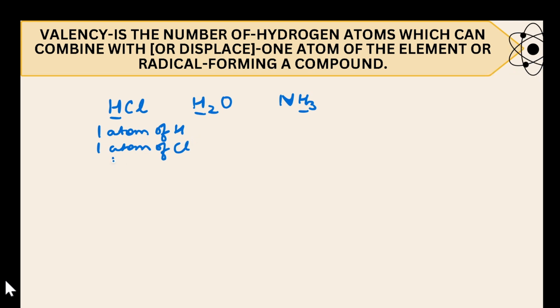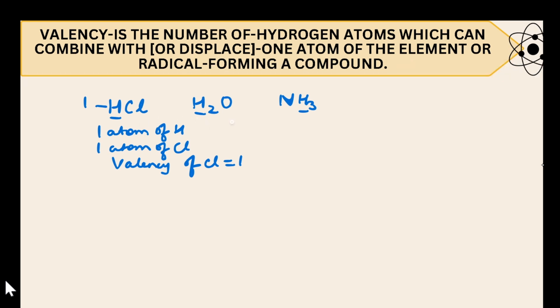So the valency of chlorine with respect to the number of hydrogen atoms will be 1. Why is the valency of chlorine 1? Because the number of hydrogen atoms combining in the compound is 1.